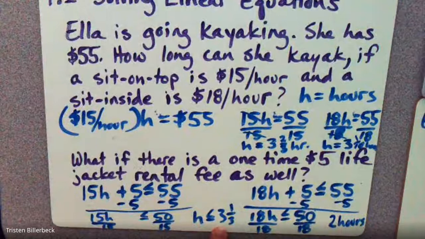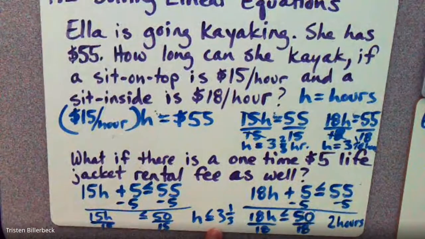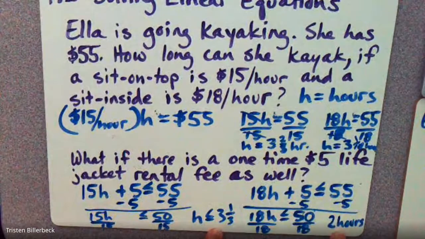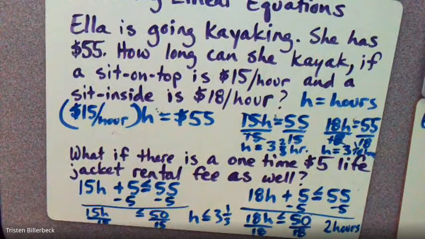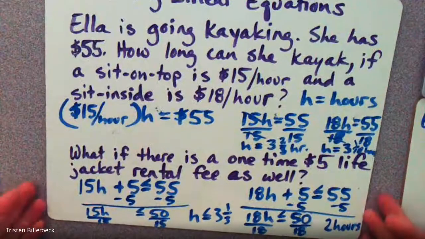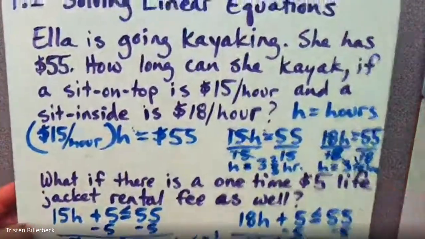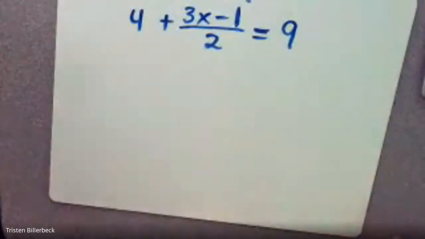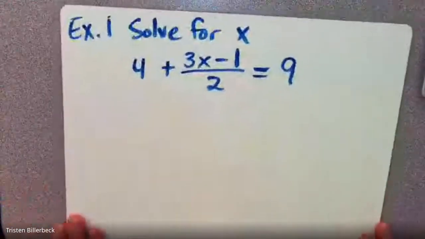So if I can rent only whole hours, I can rent the sit on top for 3 hours still, whereas the sit inside, I can only rent for 2 hours at $18 an hour. So that would be how we use algebra in our real life so that we don't get charged penalties for going way too late and having way too much fun kayaking.